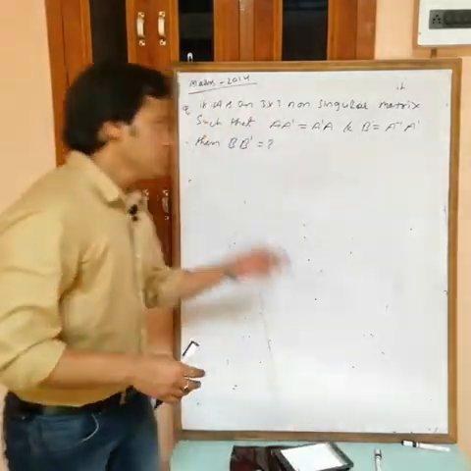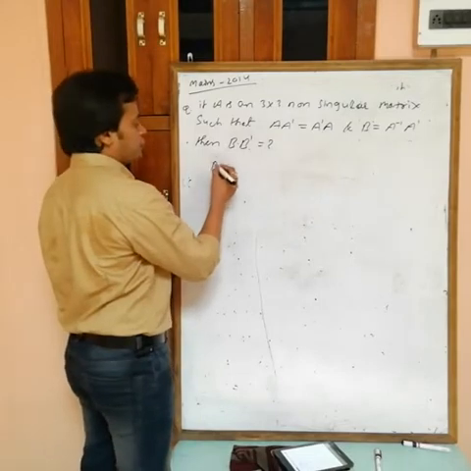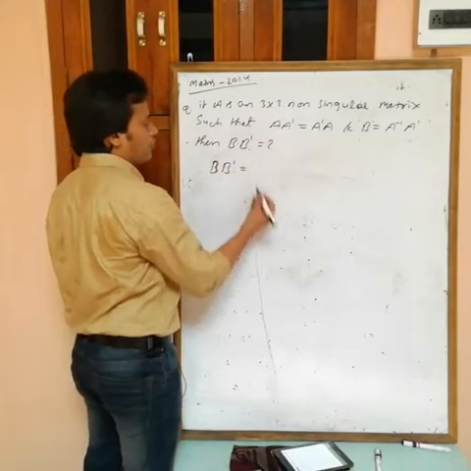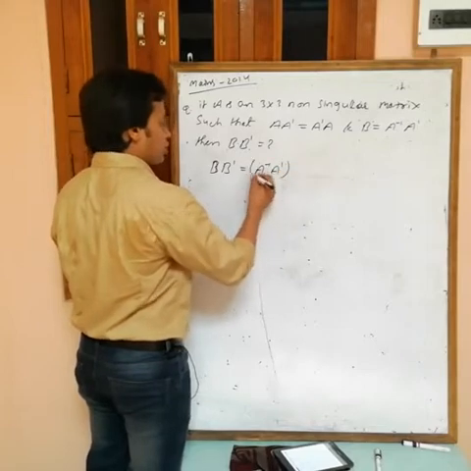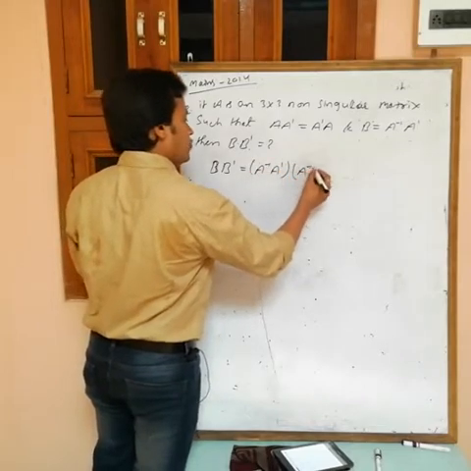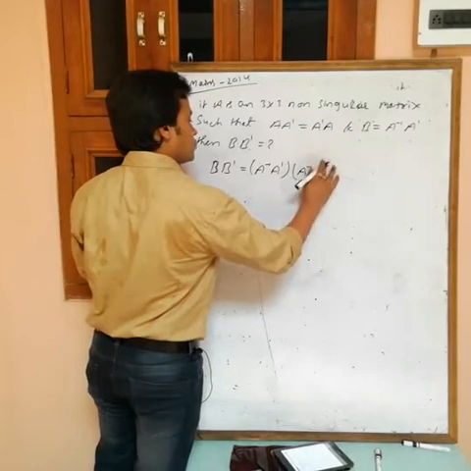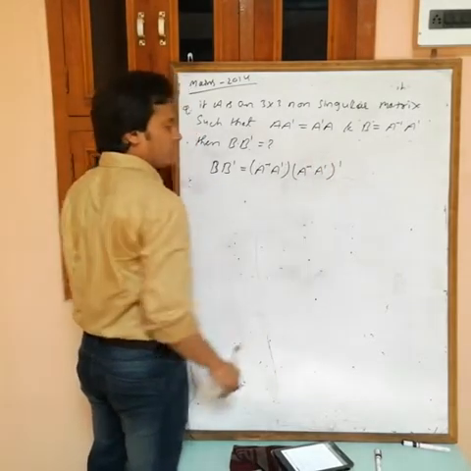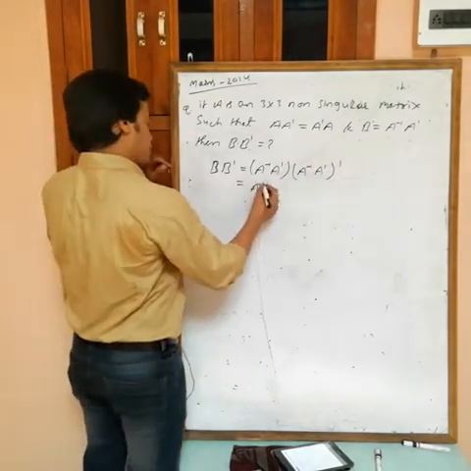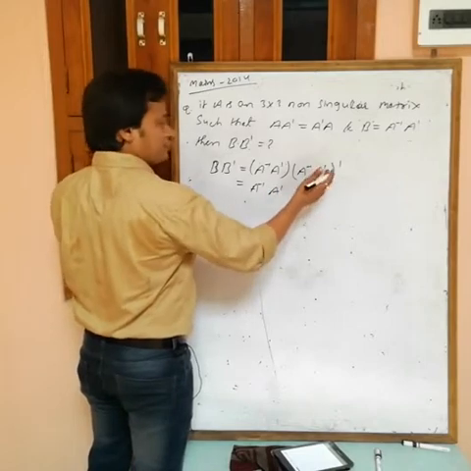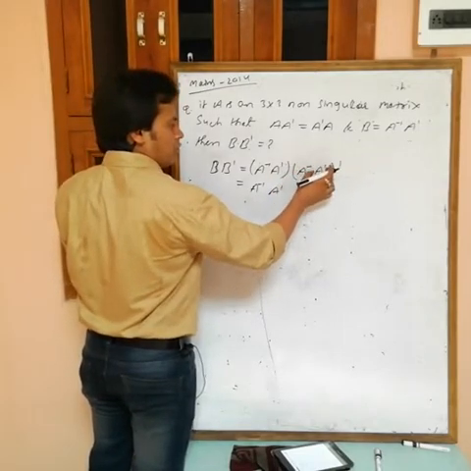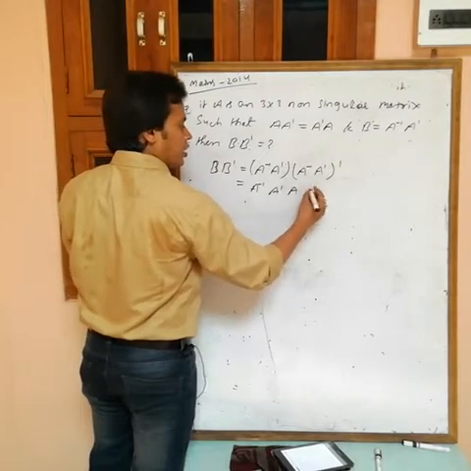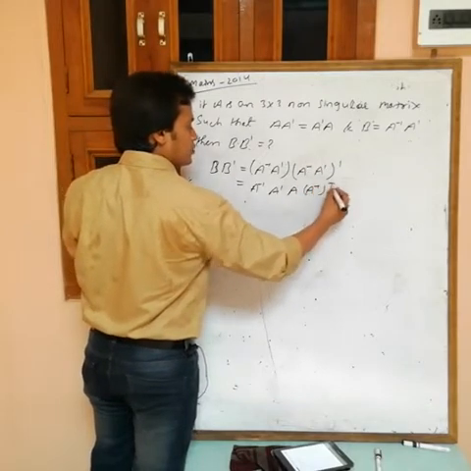Okay, so we want the value of this one, it is simple na. So B into B transpose, just put the value. B is A inverse into A dash, and A transpose is A inverse into A transpose A dash whole dash. Now if you expand, A into B dash is B dash into A dash, so A dash dash is A and A inverse dash.